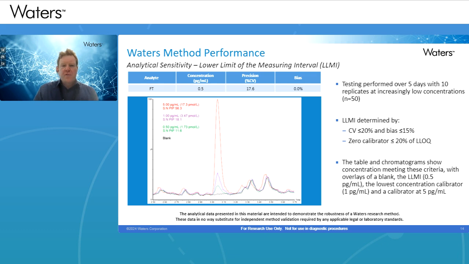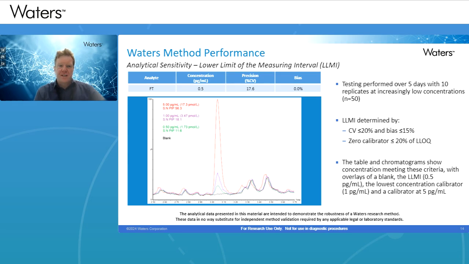Continuing on the method performance characteristics, we come to analytical sensitivity. This was evaluated by preparing and quantifying a series of testosterone samples in modified Heapy's buffer at increasingly low concentrations. On 5 occasions, 10 replicates of each sample were analysed, making for a total of 50 samples.